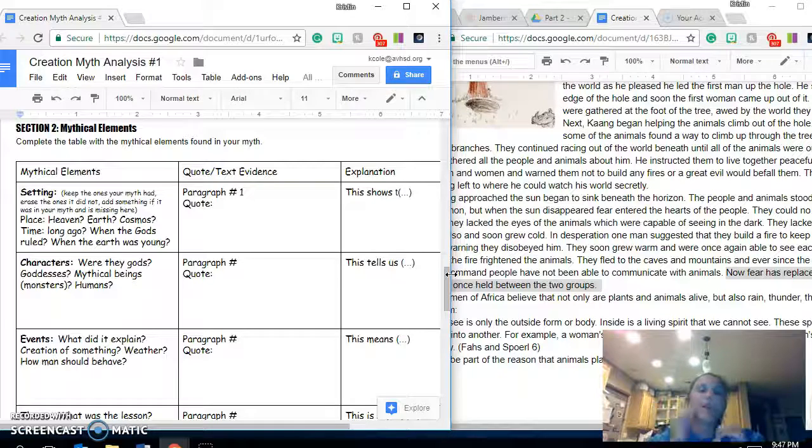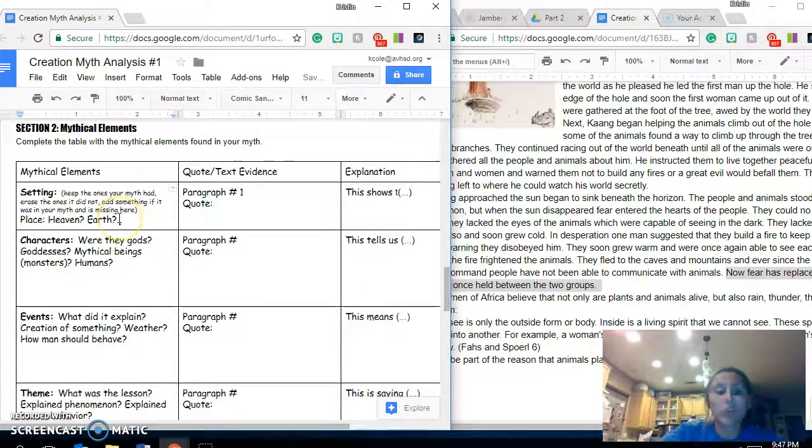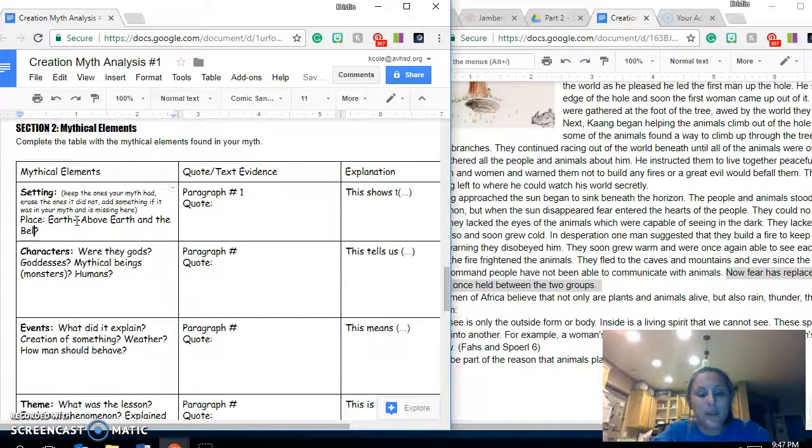So it's important to keep that in mind in this box, that you're looking for the mythical elements, the magic, the specialness of a myth. So I am going to say, yes, this is Earth, but it's Earth in two parts, right? It's the above Earth and the below Earth.